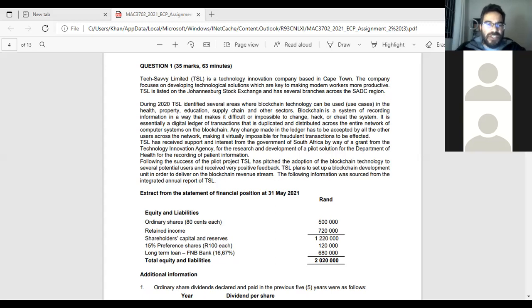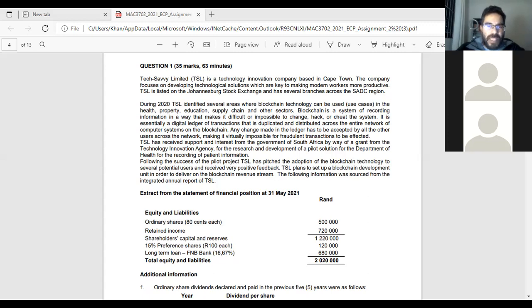It is essentially a digital ledger of transactions that is duplicated and distributed across the entire network of computer systems on the blockchain. Any change made in the ledger has to be accepted by all the other users across the network, making it virtually impossible for fraudulent transactions to be effected.